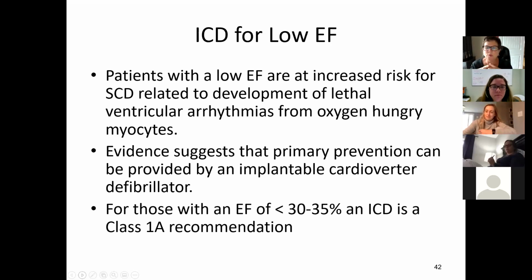A patient who has a bundle branch block, significant heart failure, and a low ejection fraction can get the Cadillac of devices, CRT with a defibrillator built into it. It's expensive, but it definitely improves quality of life with the CRT component, but also gives you some longevity because it prevents sudden cardiac death.